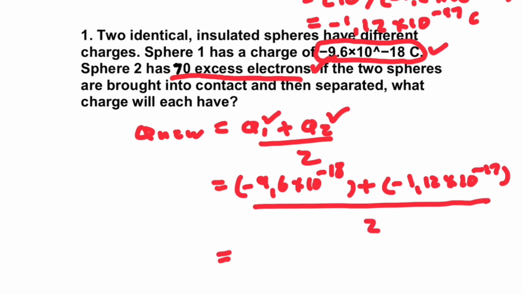The new charge on each sphere will be minus 1.04 times 10 to the minus 17 coulombs. So this will be the new charge on each sphere. They are going to have the same charge.